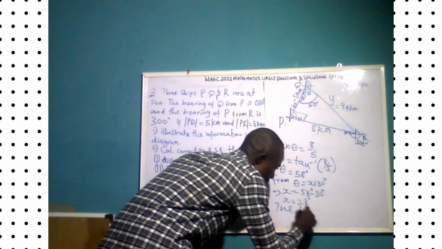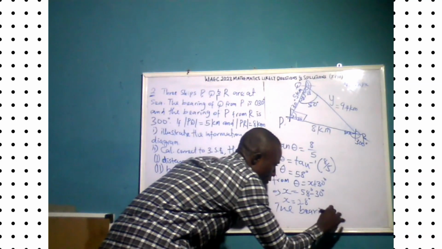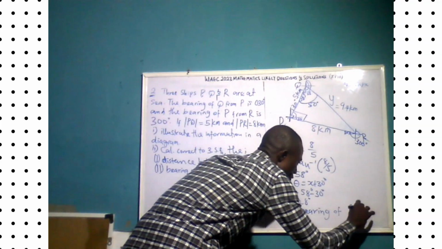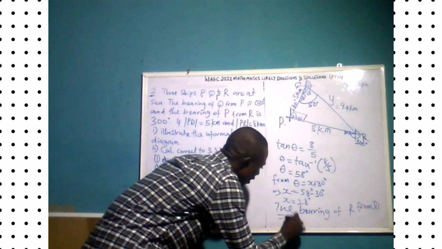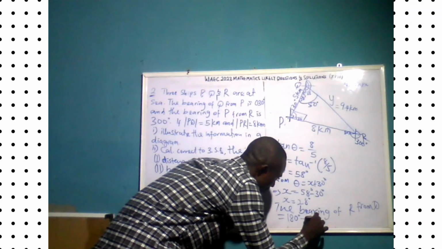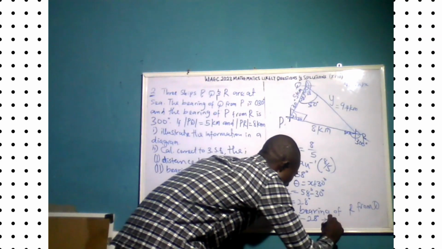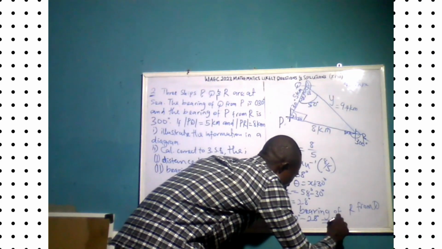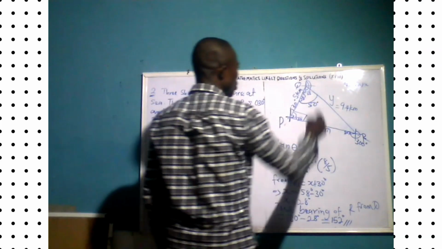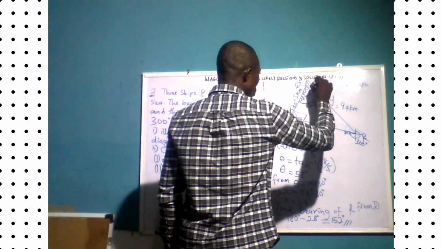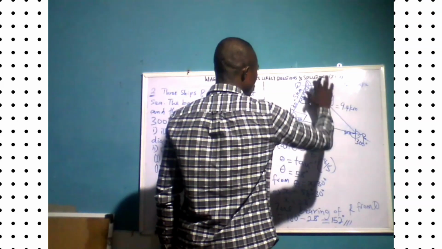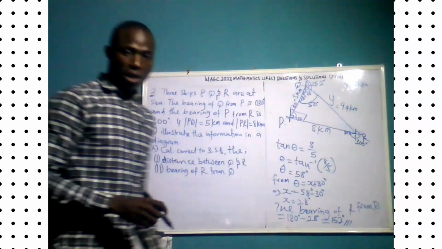So the bearing of R from Q will be 180 degrees minus 28 degrees, which gives you 152 degrees. So we are done with question number 2.